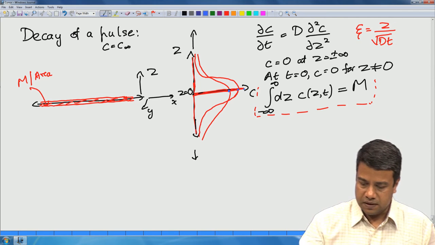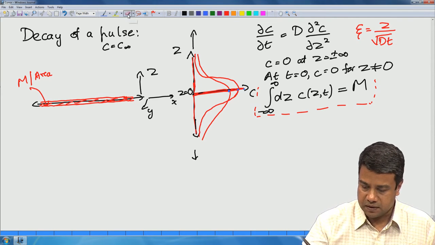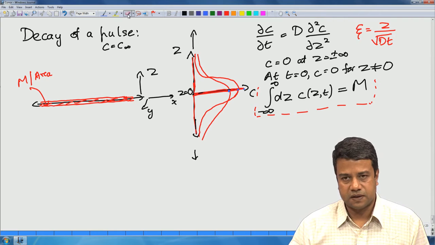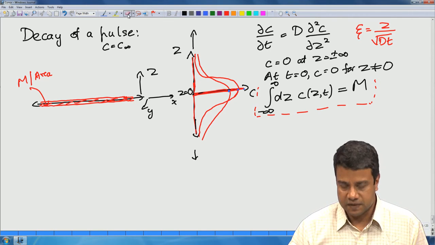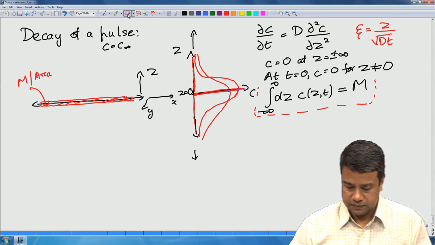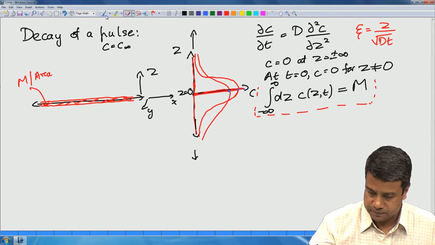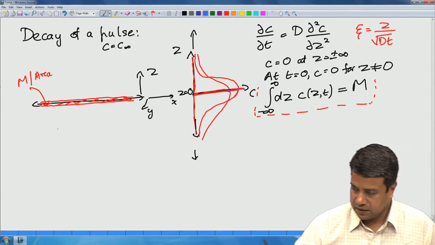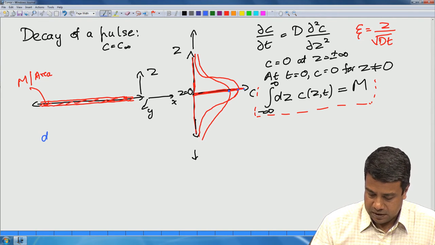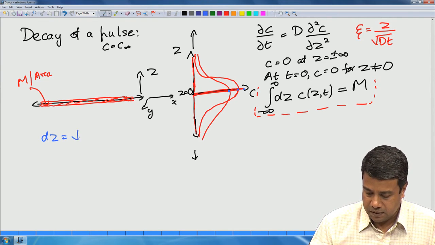So, if I postulate that the concentration field is given by this function of z, and if I re-express that in terms of psi, you know that dz is equal to root Dt times d psi.